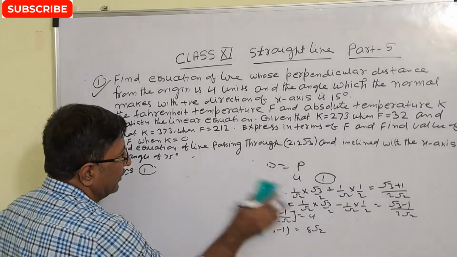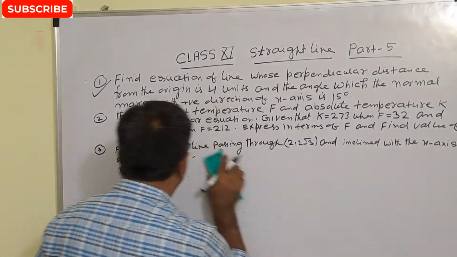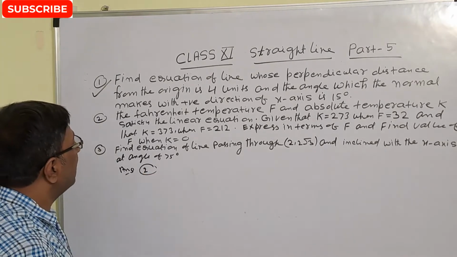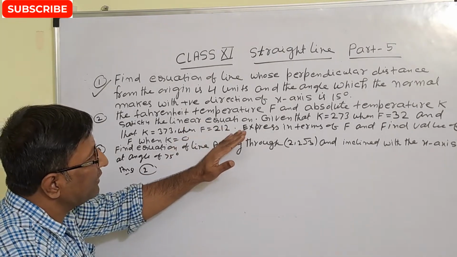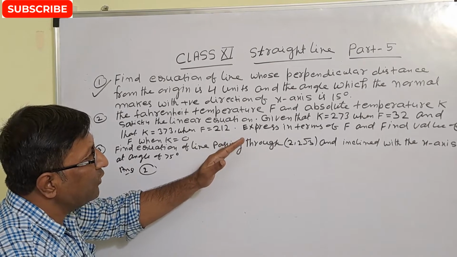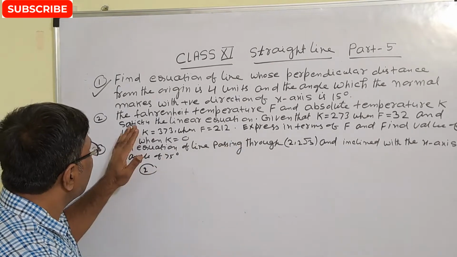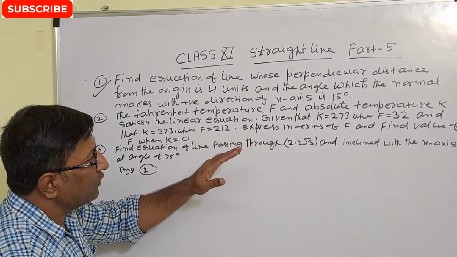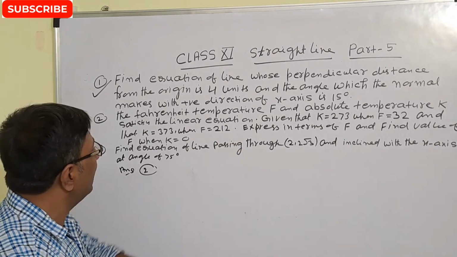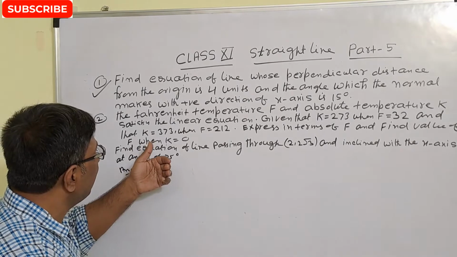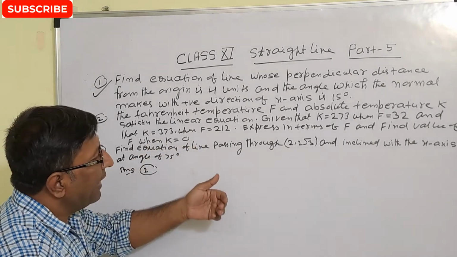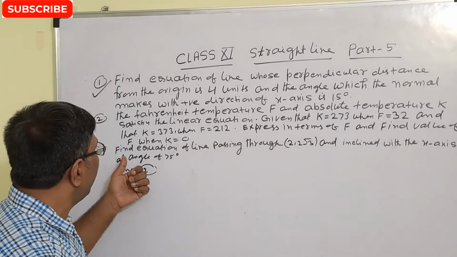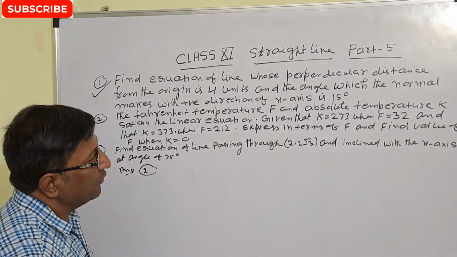Now see the second question. So this is the second question. The Fahrenheit temperature F and absolute temperature K satisfy the linear equation. Given that K is 273 when F is 32, and again K is 373 when F is 212. Express K in terms of F, and find the value of F when K equal to 0.